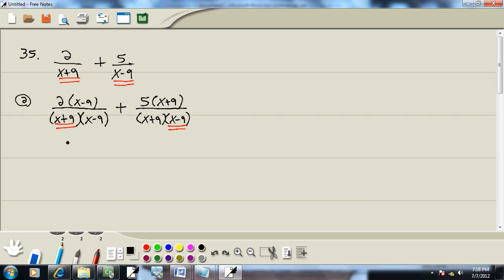Well, 2 times x is 2x, and 2 times negative 9 is negative 18. You do not ever want to get rid of the parentheses down below. You're actually hoping something will cancel at the end. And here, 5 times x is 5x, 5 times 9 is 45.